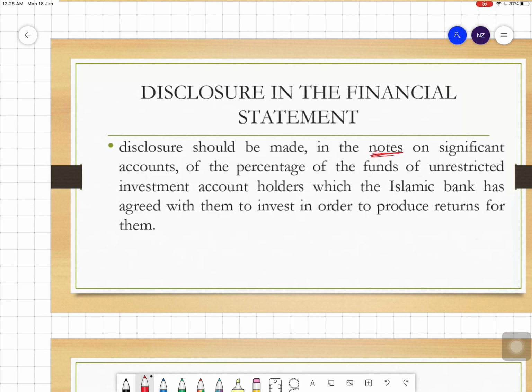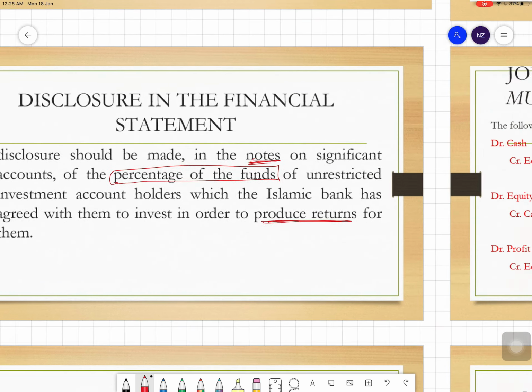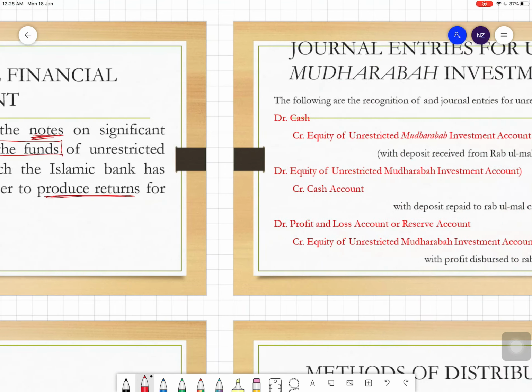So for the disclosure in the financial statement, the Islamic Bank also has to write in the notes of the financial statement the percentage of the fund agreed between the UIA holders and the bank. Because at the end of the day, that percentage will produce the returns to the holders. So it has to be put in the notes in the financial statement.